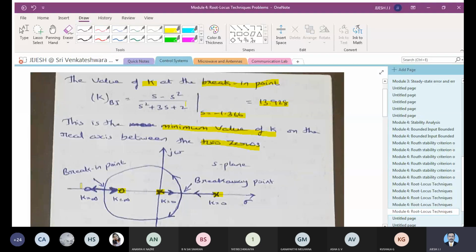So zeros at -1 and -2, and poles at 0 and 1. So first you can plot the poles and zeros. So you can put the branches also. And after that, now we have to go with the breakaway point and break-in point.